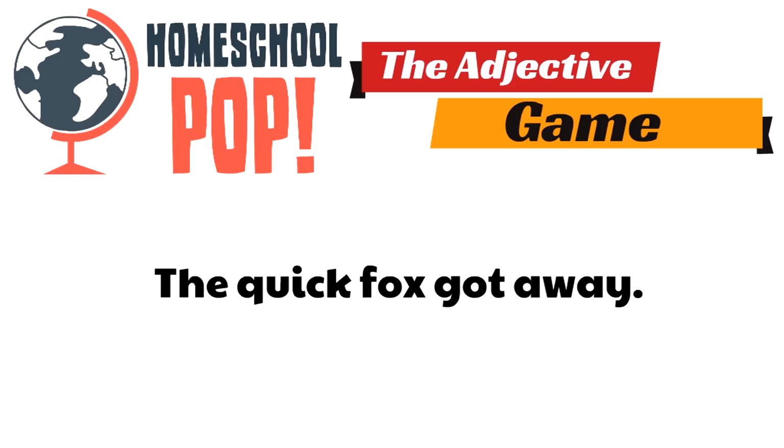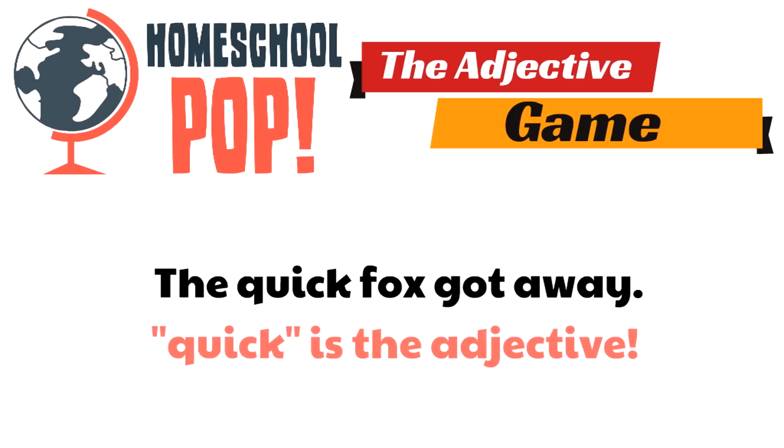The quick fox got away. Wonder which word is the adjective? Can you spot the adjective? The word quick. Quick is the adjective. Quick is describing the fox. Quick is another word for fast. This is a quick fox that got away. Good job.